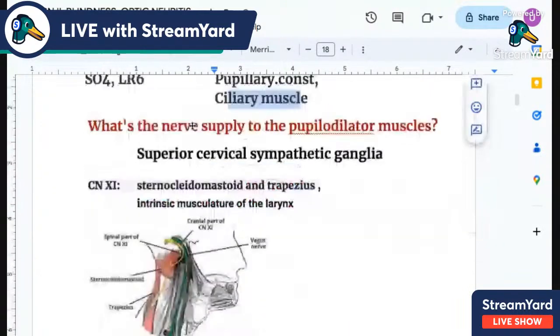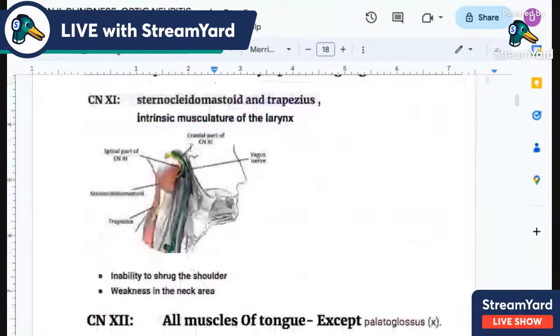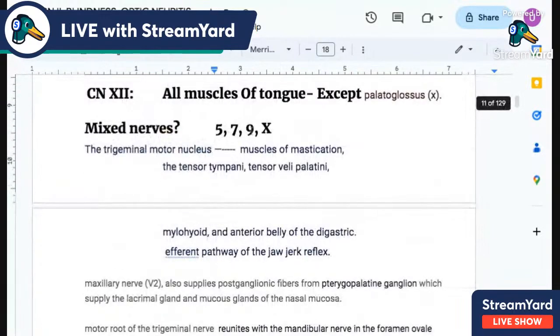Then we do the mixed nerves. Okay, and then all this 5, 7, 9, and 10. Mixed nerve, trigeminal. Trigeminal motor and sensory nuclei. It supplies the front of the face through 3 sensory nerves.